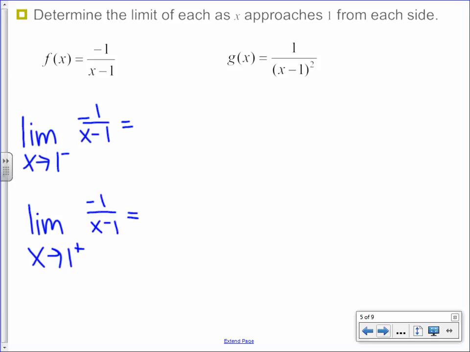Let's look at a number super close to 1, but on the left side, like 0.9. If we plug in 0.9, are we going to get a positive or negative number? Positive, right?